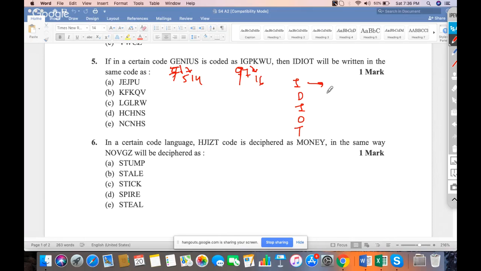So 9 plus 2, 11. So JK, this becomes K, this becomes F, this becomes K, this becomes OPQ, and TUV. So option B is your answer. Everywhere you have to do plus 2, nothing else.